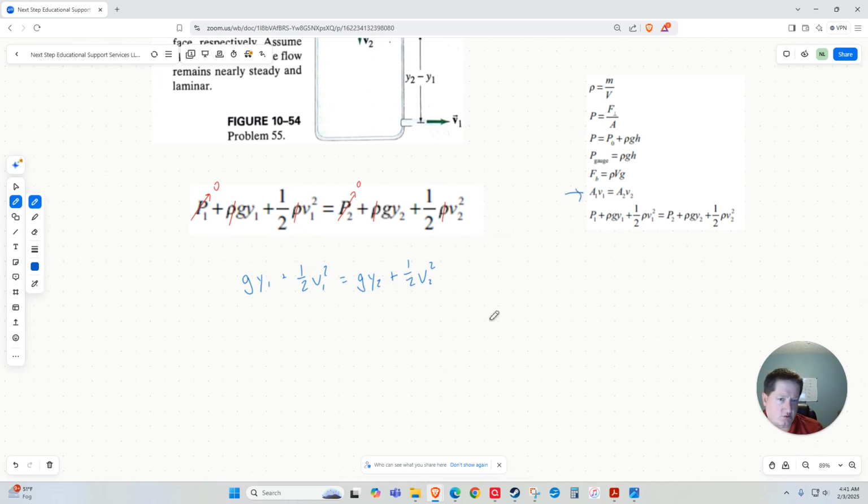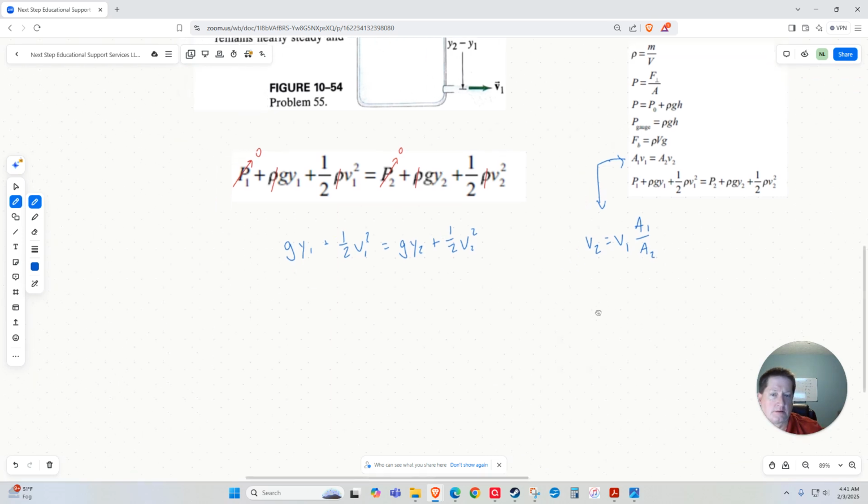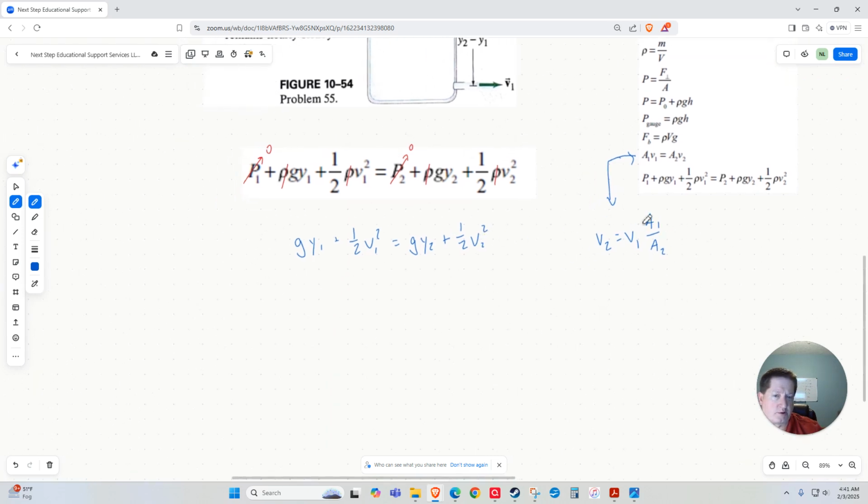So if we use our continuity equation here to replace velocity 2, that's going to be velocity 1 times the ratio of the areas, area 1 to area 2. So if I make that substitution, remembering to square everything, I'm going to go ahead and multiply everything by 2 as well to get rid of that half because those are annoying. We get 2g y1 for multiplying by 2.